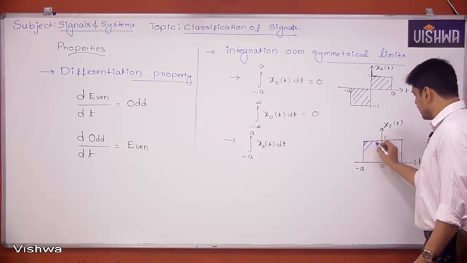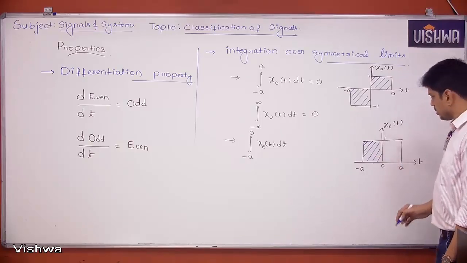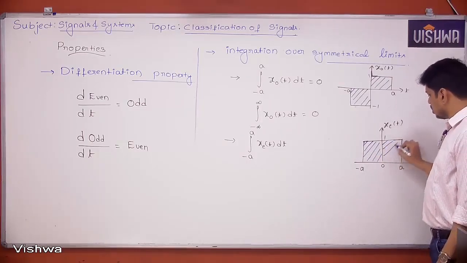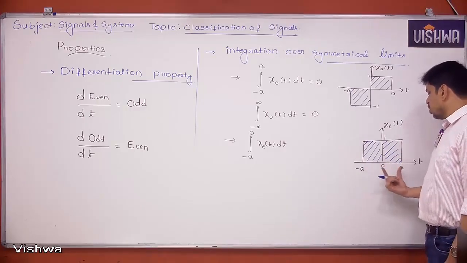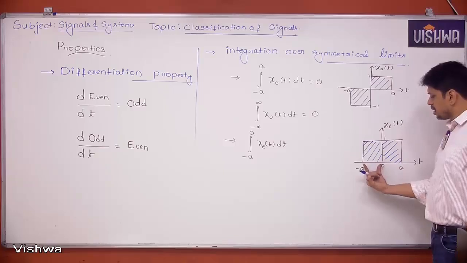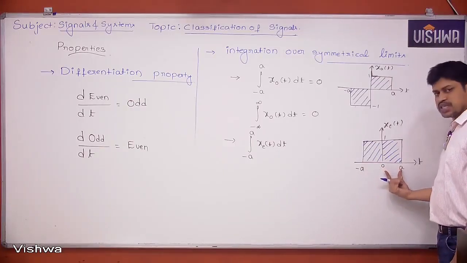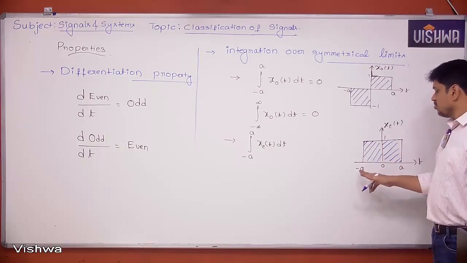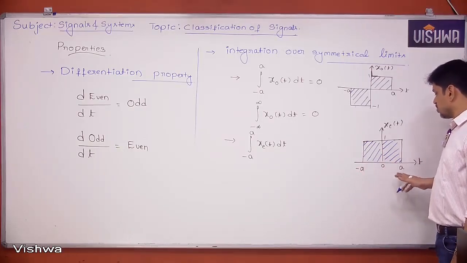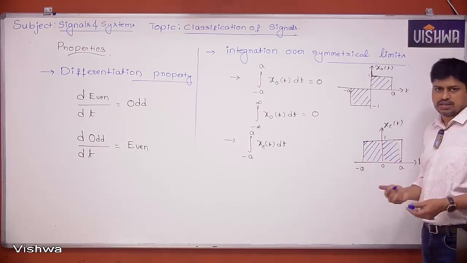Whatever area we have from minus a to 0, the same area will be there on the other side. So what the theorem is saying is that instead of finding the total area, just find this part and double it. Instead of finding the area between minus a to a, I take the limits from 0 to a, find the area, and double it, and we get the total area.